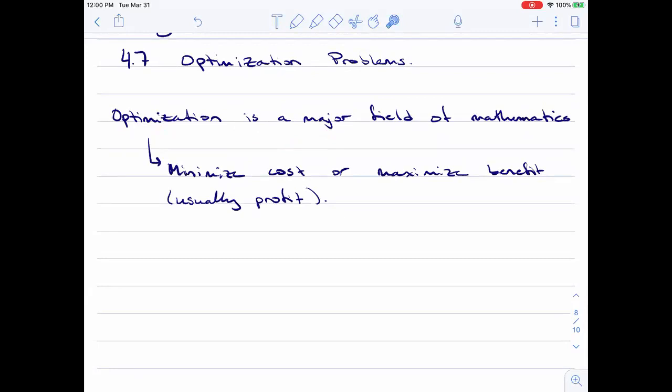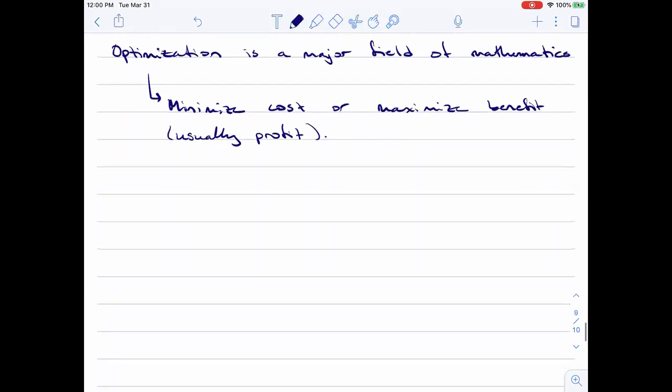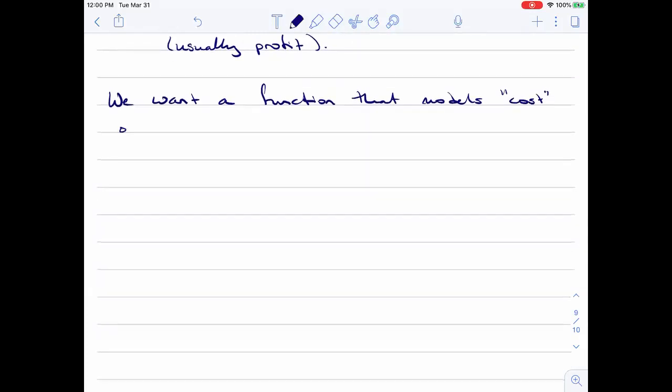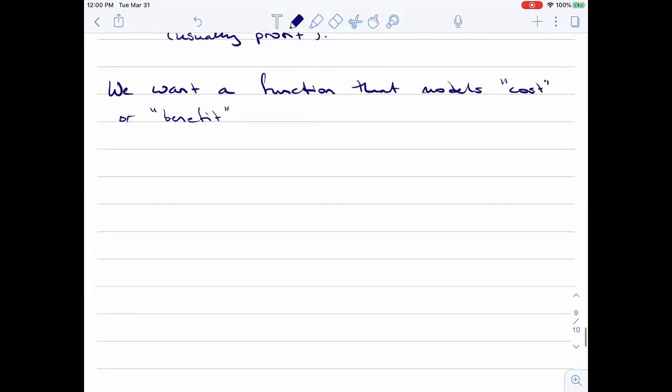And so what we need is some function that models the cost or the benefit, and then we can find the maximum or the minimum of those functions. So we want a function that models cost or benefit, depending on which one we're working on, in terms of one variable.